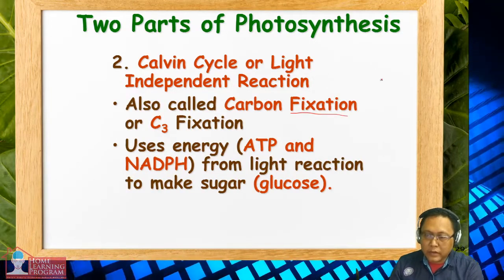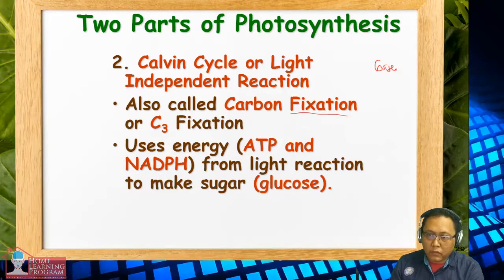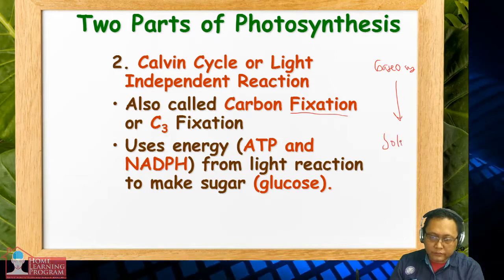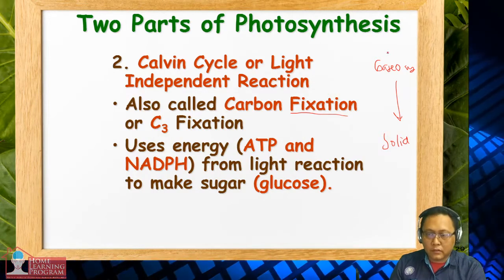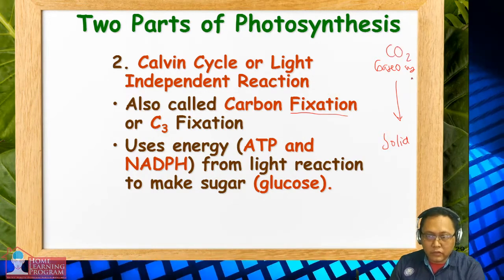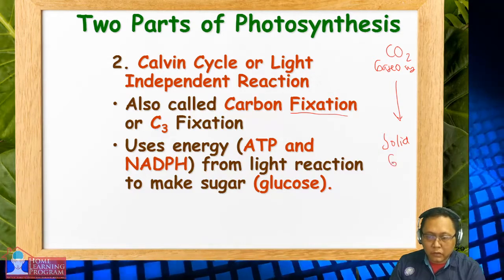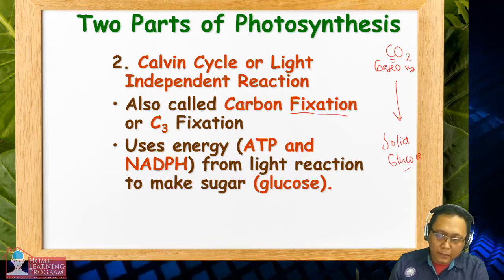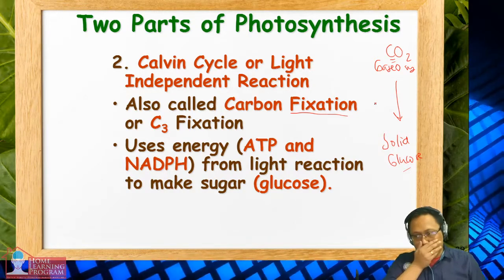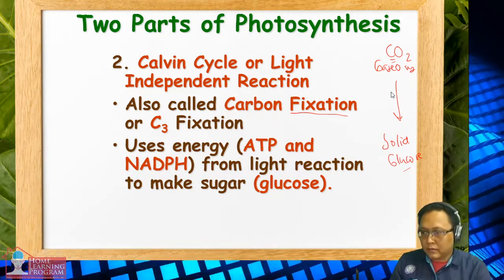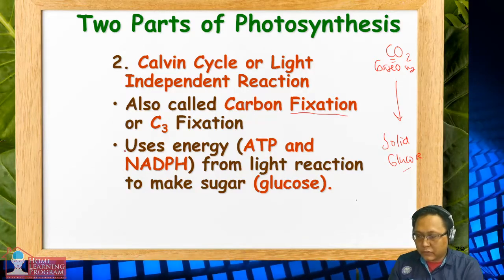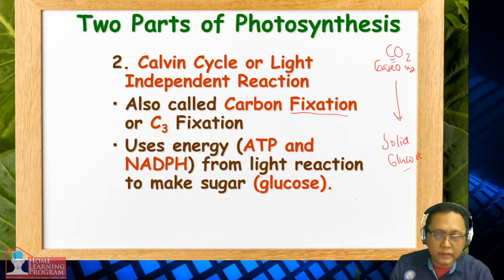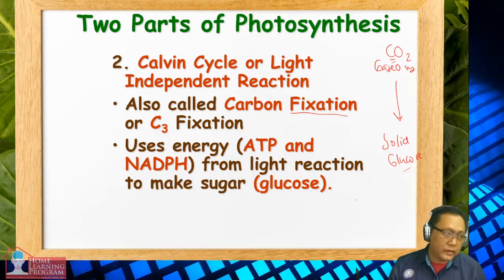Carbon fixation means from gaseous form to solid. What's in the gaseous form? CO2. What's in the solid form? Glucose, because glucose also has lots of carbon, right? So the second stage of photosynthesis uses energy produced by the first step. It just makes sense like that.